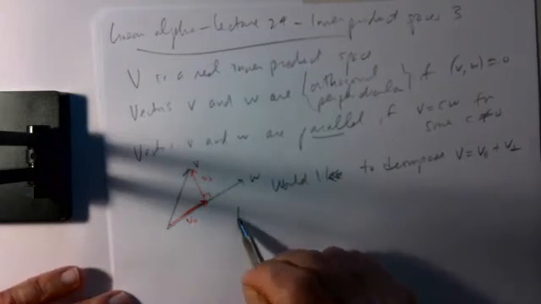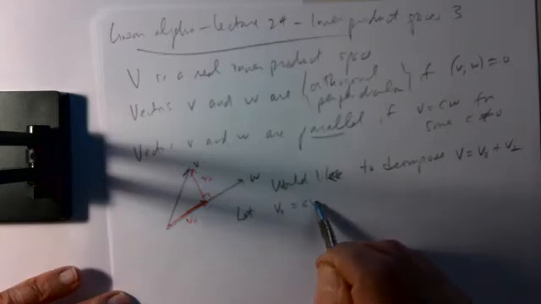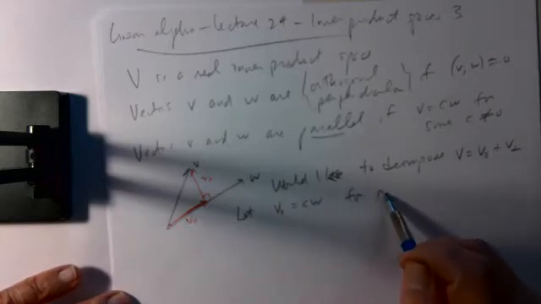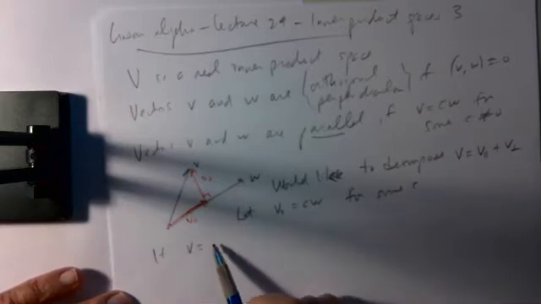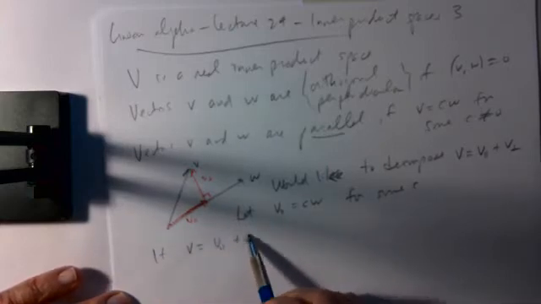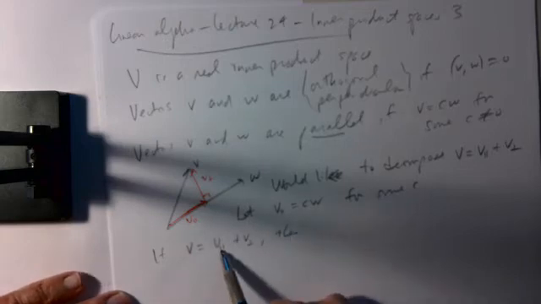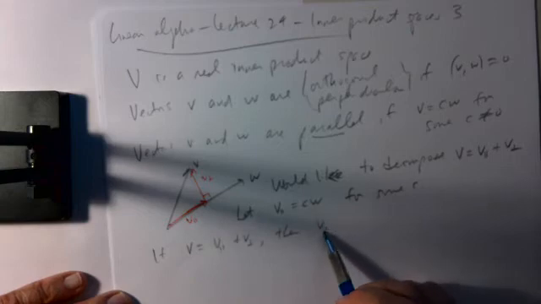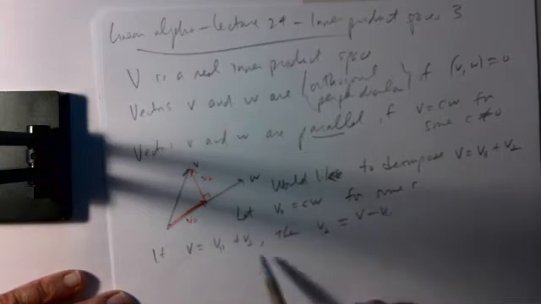So suppose that this parallel component is C times W for some C. If V is going to be equal to a parallel component plus a perpendicular component, then once you have the parallel component, the perpendicular component can only be V minus this parallel part.